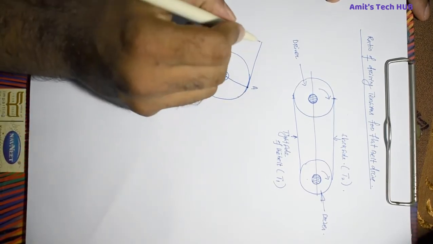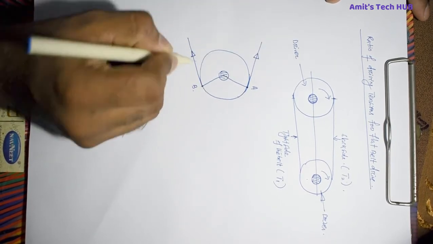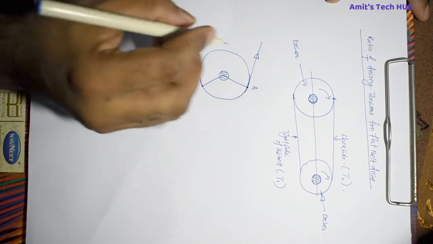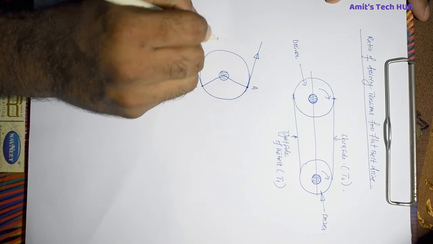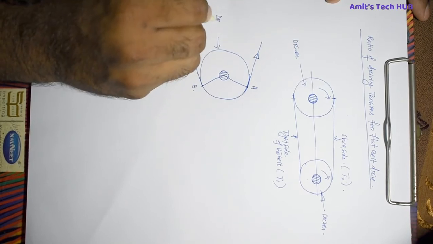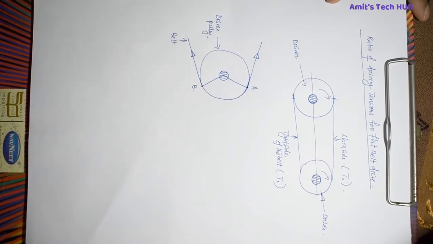This side of the belt is connected to the driving pulley. So this is the belt, and this is the driven pulley.